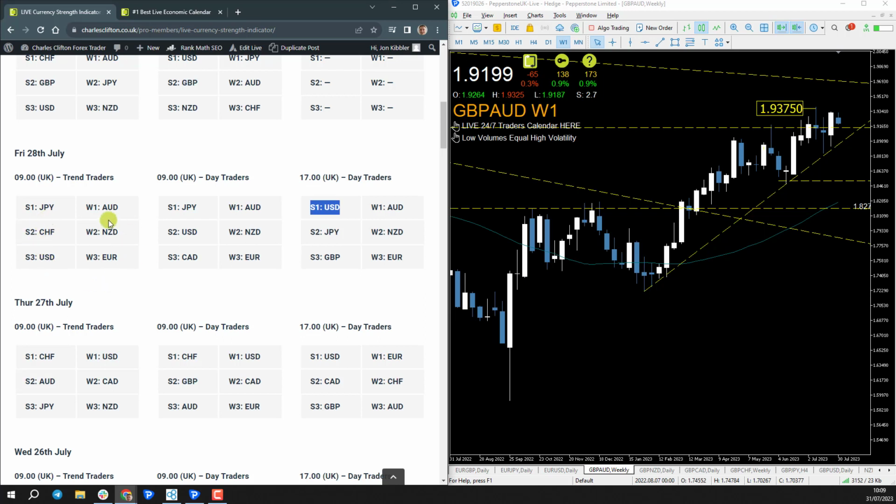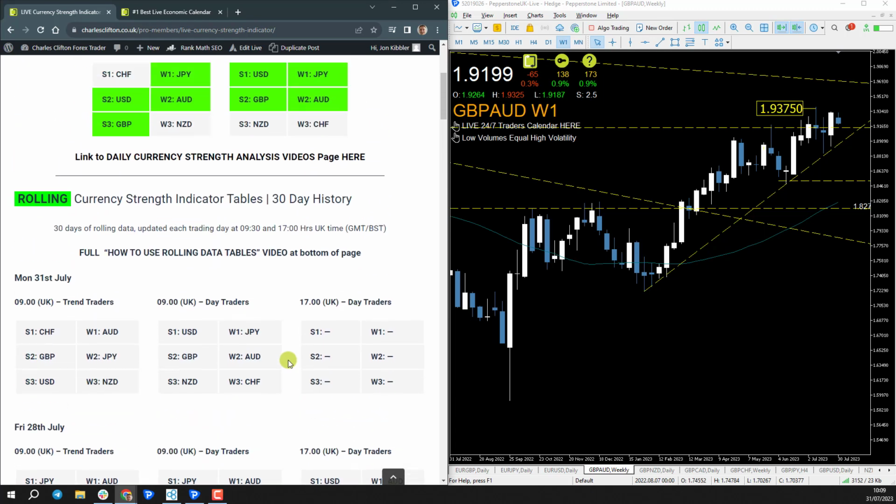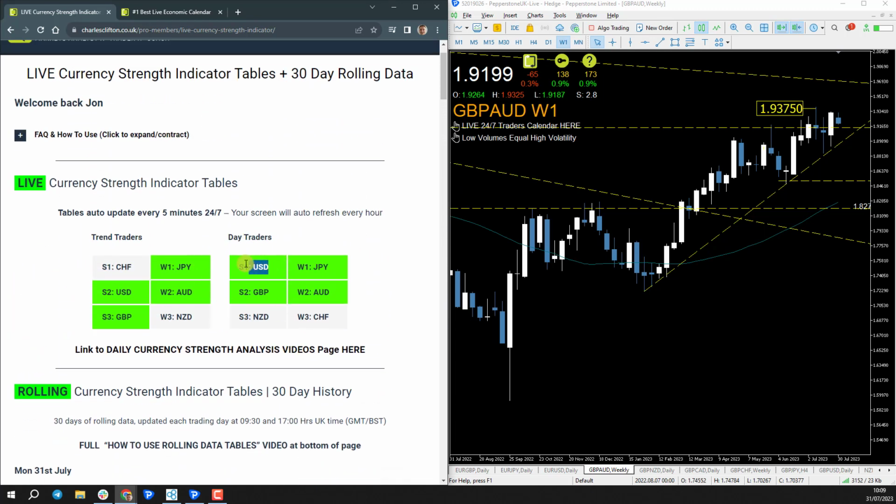So you can tell that the market has been building that dollar strength, especially since Thursday evening, where we actually saw it flip from the day traders at 9 a.m. on Thursday, the 27th, from a weak currency to a strong currency by 5 p.m. Again, highlighting that high volatility situation that we've got in the markets. And now it's topping the table. It could be something that we take a look at.